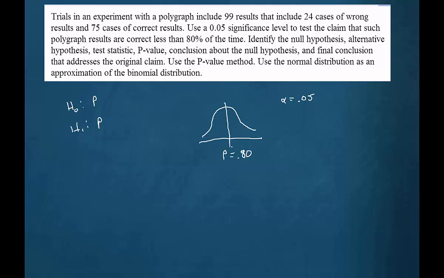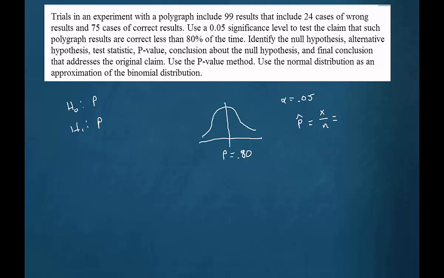Now we're talking about the population proportion. Is it less than 0.8? In order to determine this, we're going to use a sample. This sample is going to give us a sample proportion, a p-hat, that would be constructed by taking the number of successes and dividing that by the number of observations.